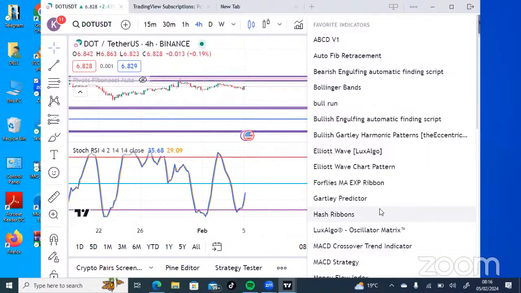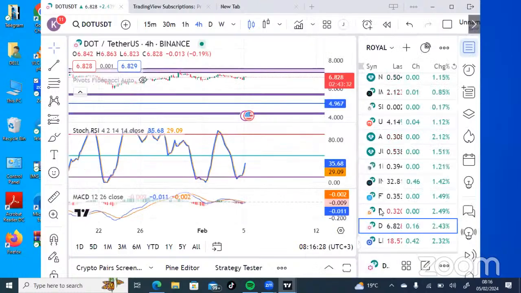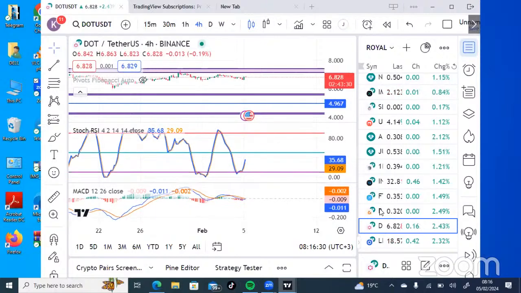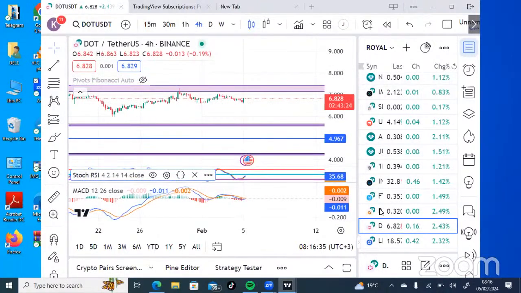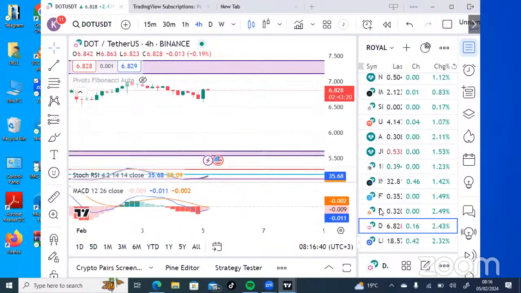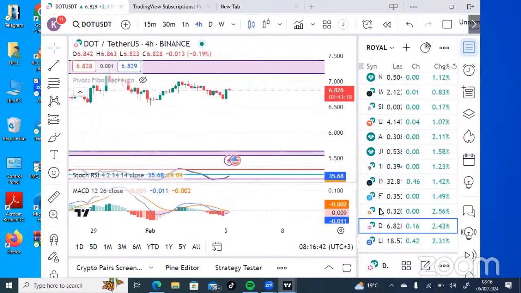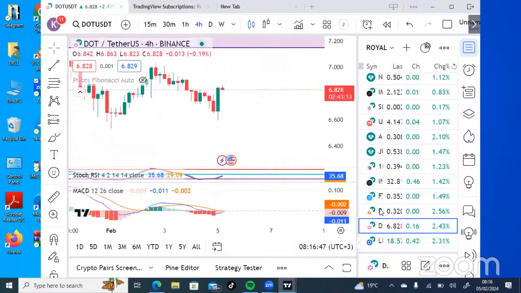When you are using indicators, never use one indicator to make you decide. For example, let me first go back here. There is a formation of a bullish engulfing candlestick chart pattern. Has anybody seen it?